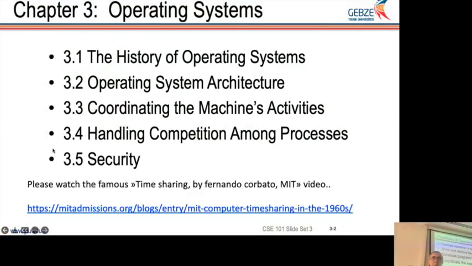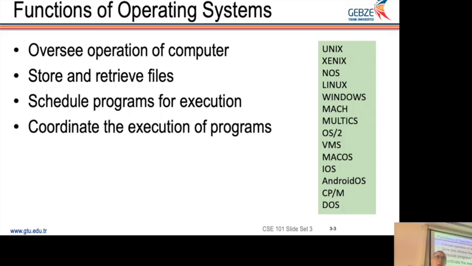Okay, so history of operating systems, architecture, and multiple processes, and there was a link. When we talk about operating systems, we can name a lot of different operating systems. Maybe today you have Windows, Linux, Unix, and macOS as examples.